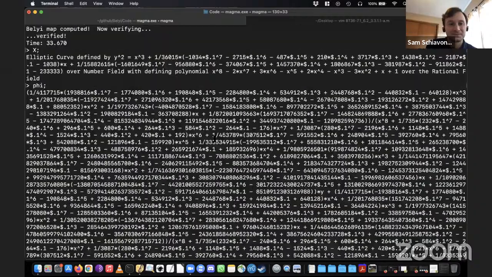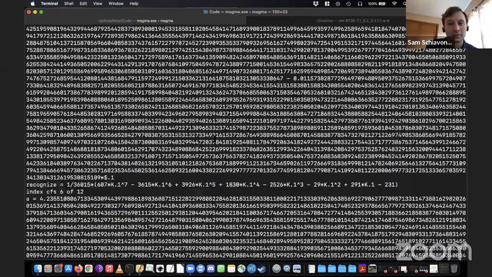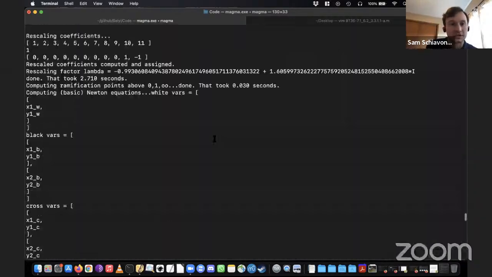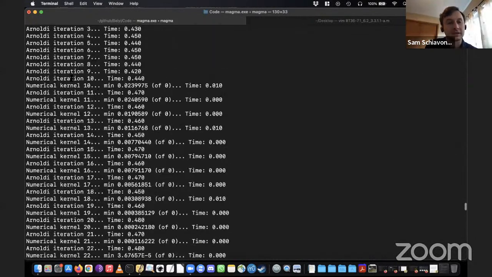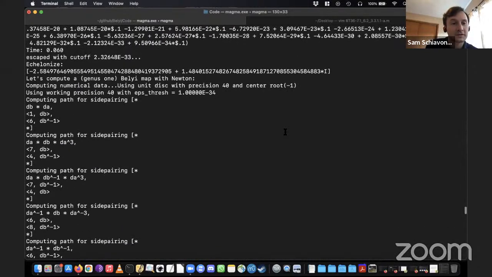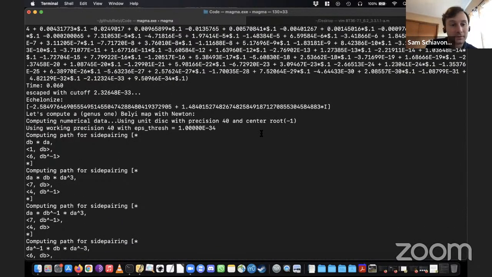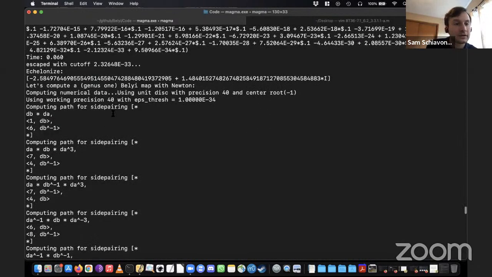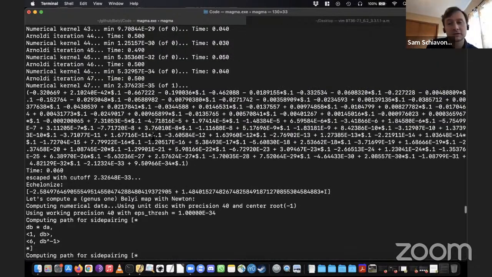So let's go through the steps of this computation a little bit more slowly. Like I said, in this part, it's computing numerical power series for the modular forms. Once we have these, it turns out this is a genus 1 Belyi map.